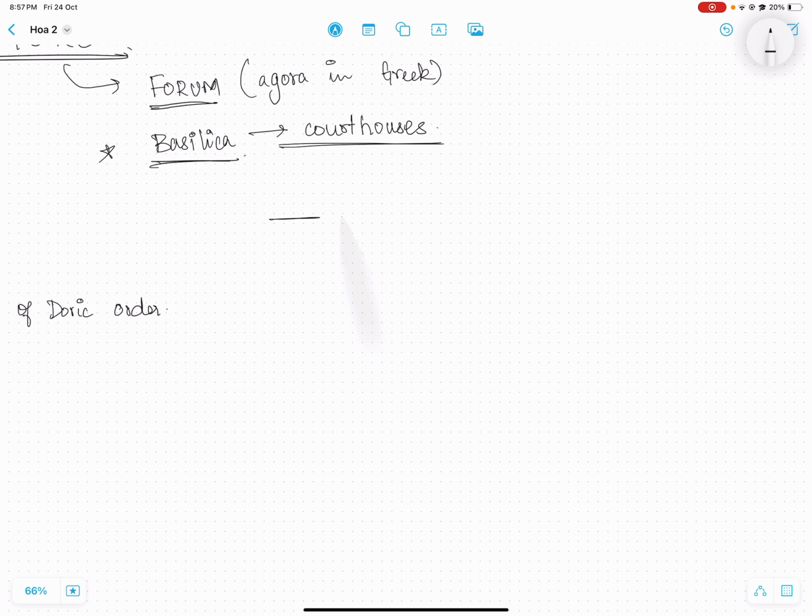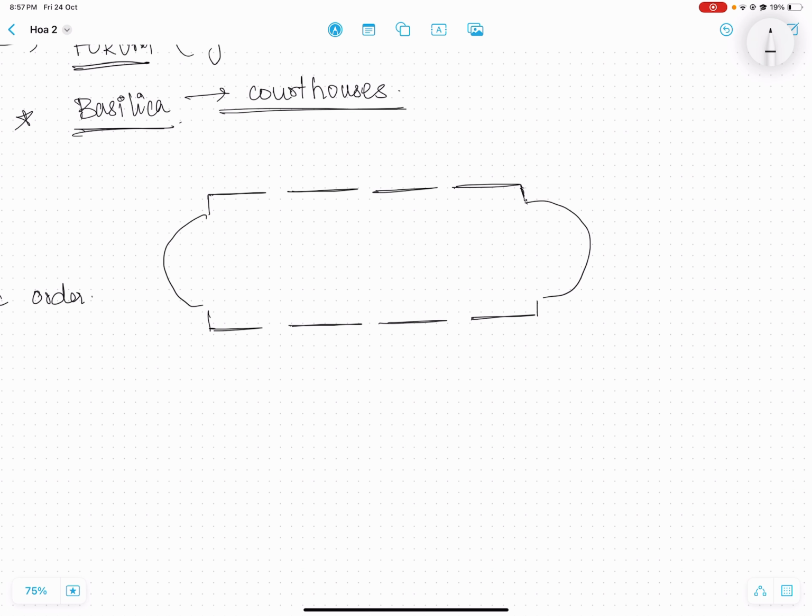I'll draw a rough sketch. These are columns.